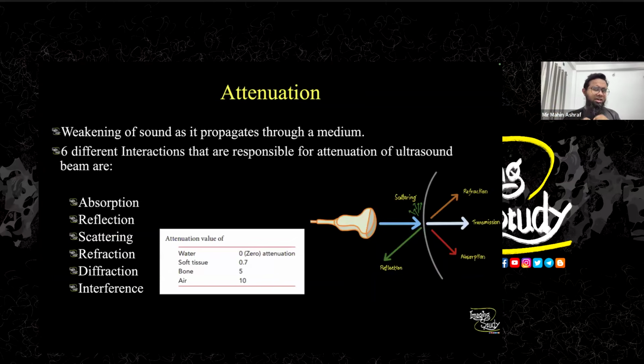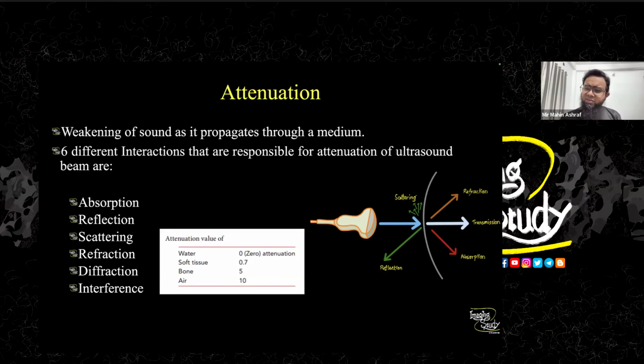Here comes another term, which is quite similar but used in a different way. That is attenuation. When there is impedance, the ultrasound, or the sound, gets weakened. This property is called attenuation. So due to impedance, when the sound gets weakened, we call it attenuation.